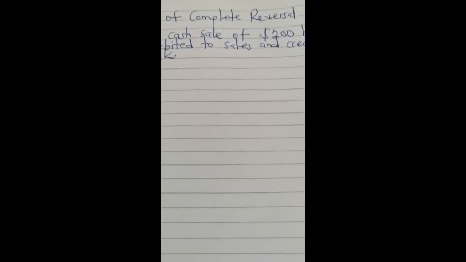An example: a cash sale of $200 has been debited to sales and credited to bank. This is a perfect example of a complete reversal of entry.